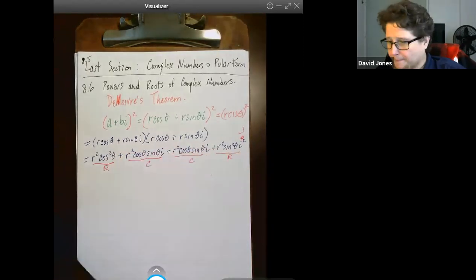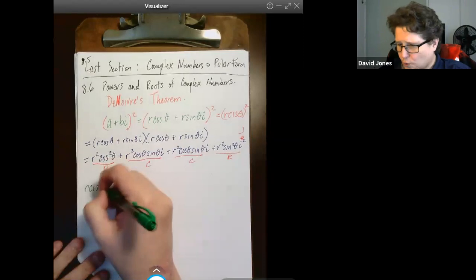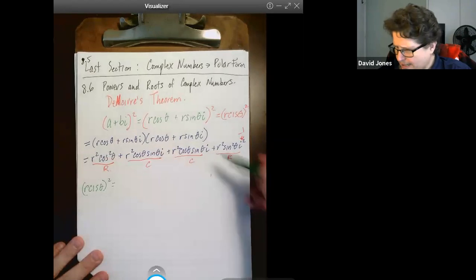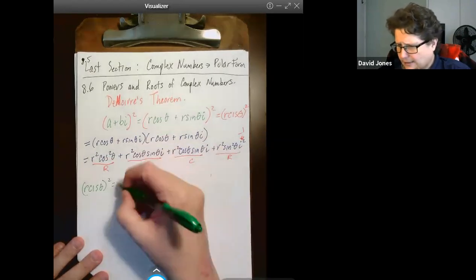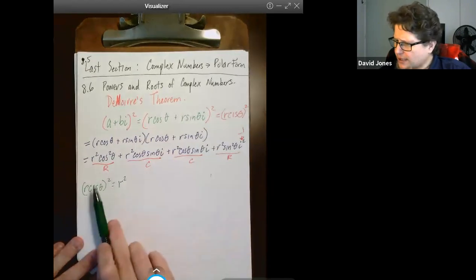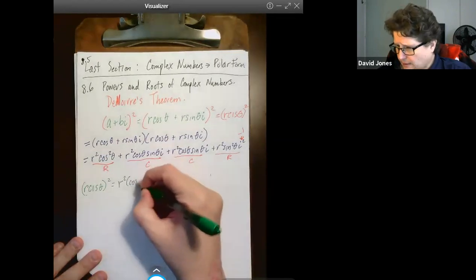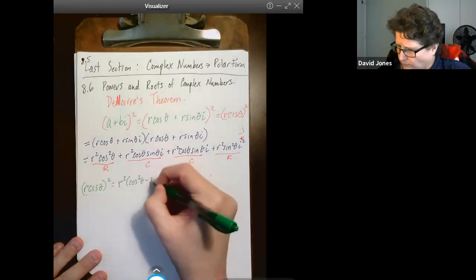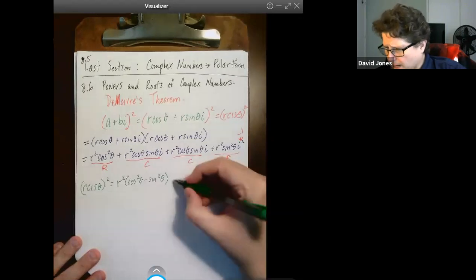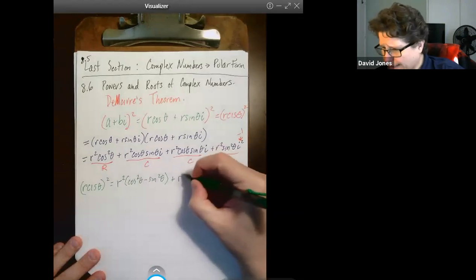Let's group them. So I've got r cis theta squared. I've got, it looks like I'm taking r squared out of everything, right? And then I got cosine squared theta minus sine squared theta. And then for my i, I've got r squared again.